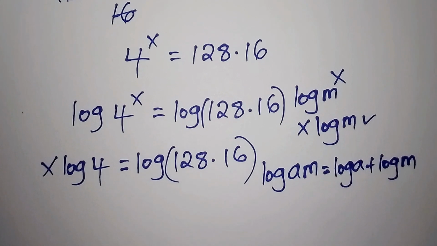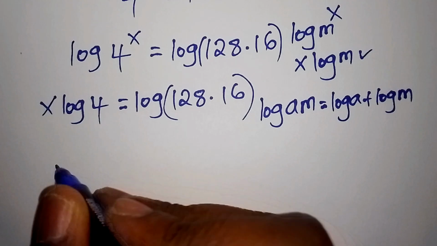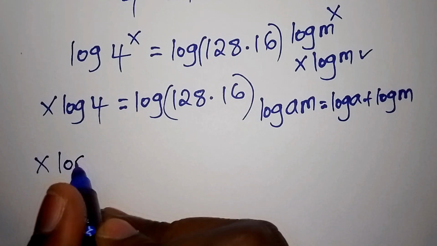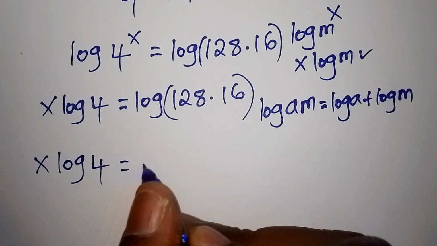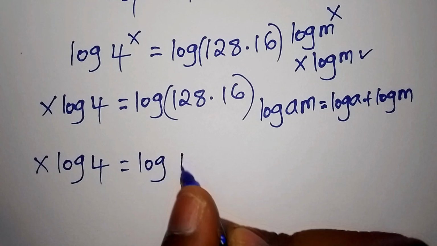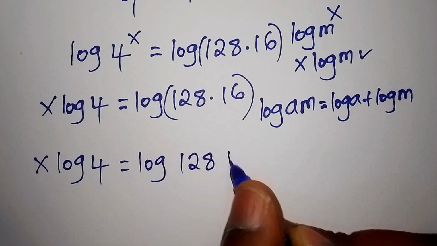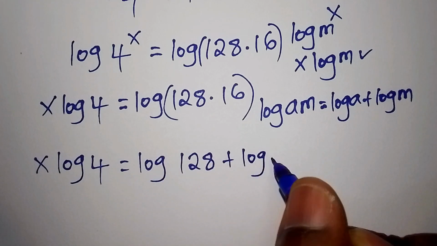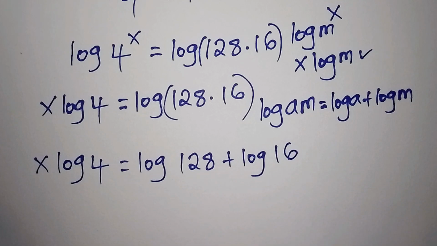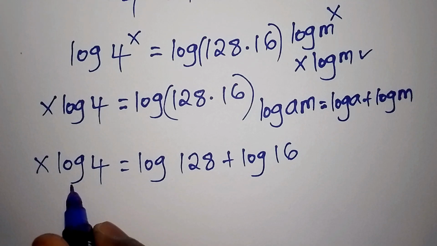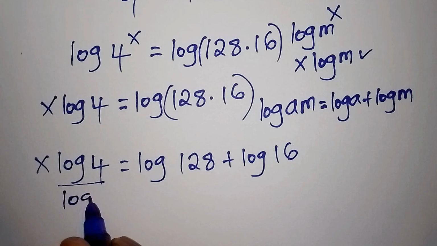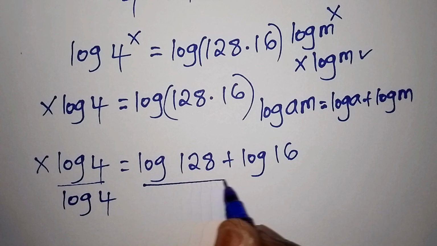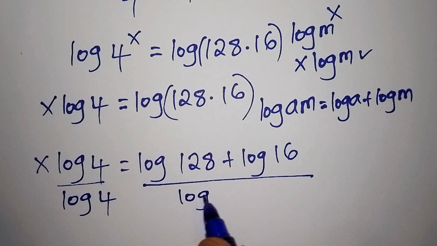So in this case, we shall now have x, the log of 4, which is equals to the log of 128 plus the log of 16. Then next, we want only to remain with x on this other end. So we shall now be forced to divide both sides by the log of 4, the whole of this side by the log of 4.